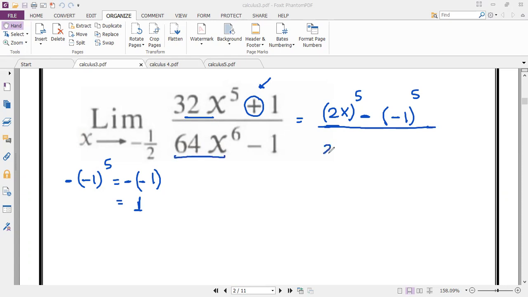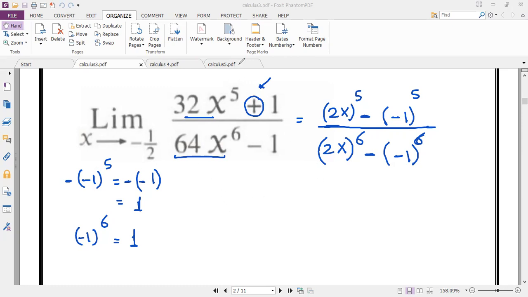We can write it as 2x all raised to the power of 6, because 2x to the power of 6 is 64x to the power of 6. This minus is a must, okay? And right here, minus 1 to the power of 6. And you know negative 1 to the power of 6 is the same as 1, okay? And I put negative here just to balance it, to make it the same.